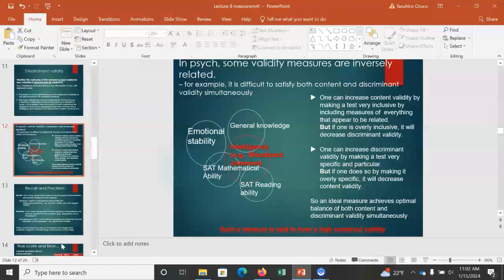To be more concrete, regarding the importance of discriminant validity and content validity in contributing to construct validity, you need to get the sweet spot. That means it needs to have enough coverage, but the coverage should not be so general that it's not specific to the measure that you're interested in.